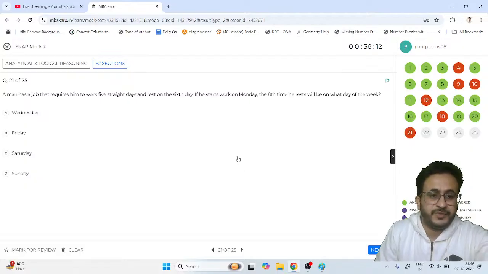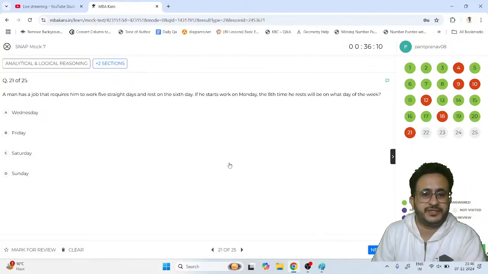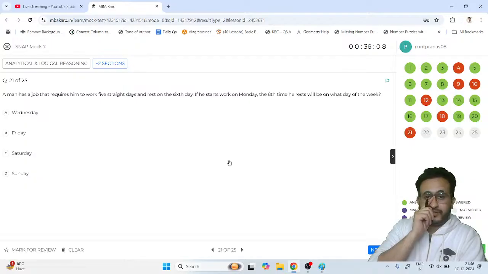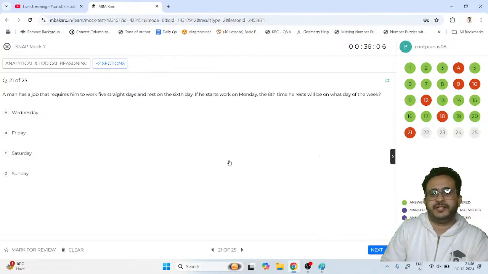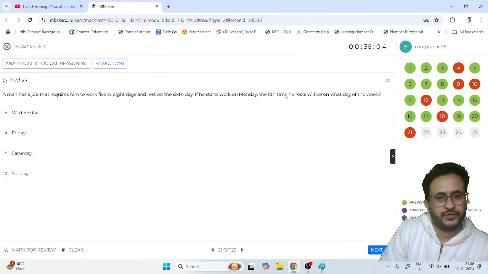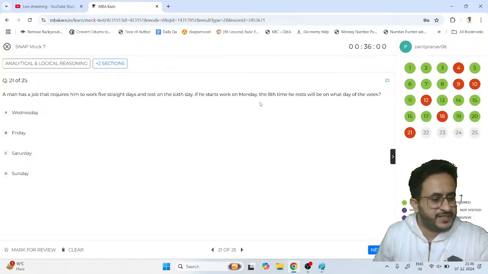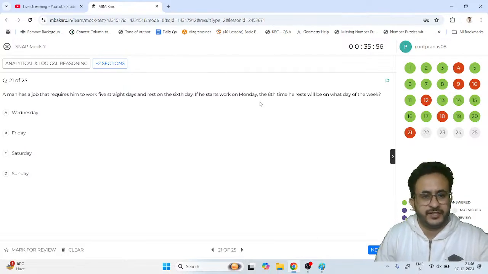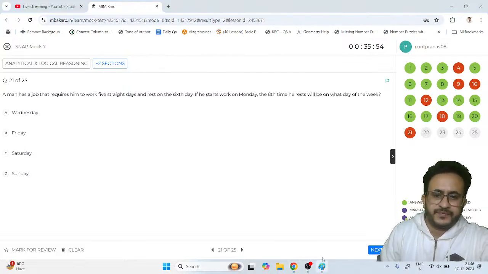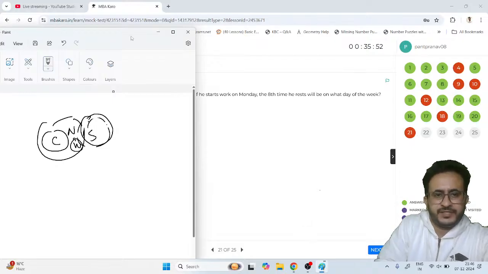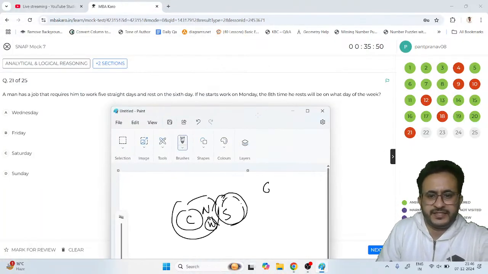A man has a job that requires him to work 5 straight days and rest on the sixth day. If he starts on Monday, the eighth time he rests will be on what day of the week? So every 6 days he is resting. So the eighth rest will mean 6 into 8, the 48th day.